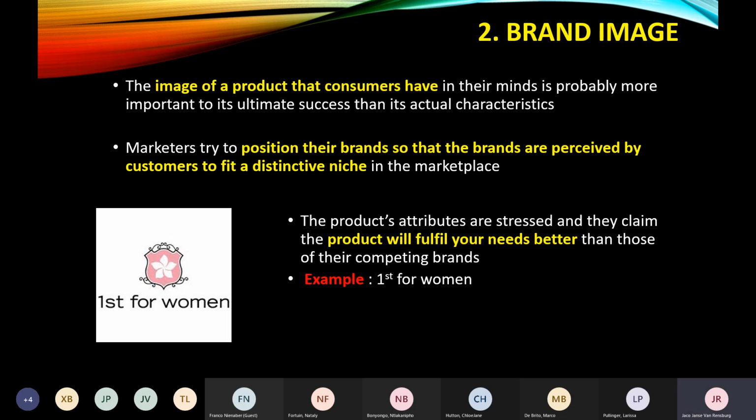Zandra, you always have very nice contributions to make. I mean, is brand image important to you? Is it important for you to use a specific brand more than anything else, or you're not that brand conscious? Yes, Zandra?